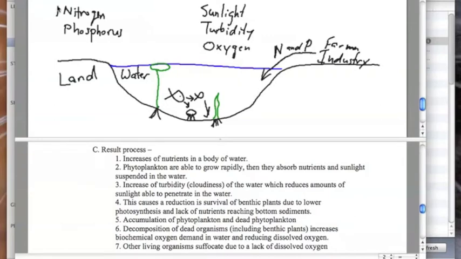So if nitrogen increases and phosphorus increases, we're often going to lead to an increase of phytoplankton that are able to grow in that area.